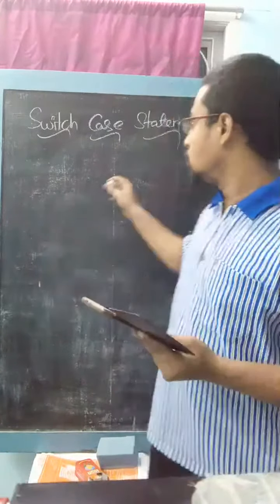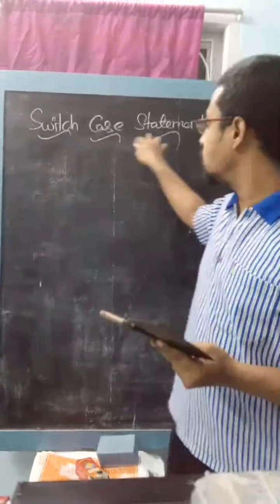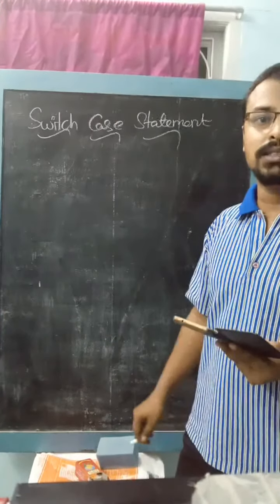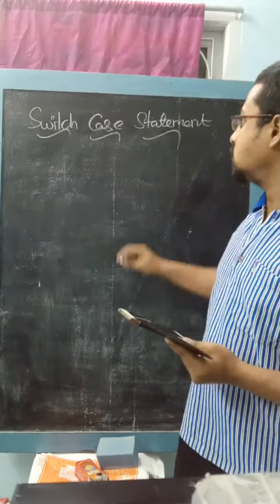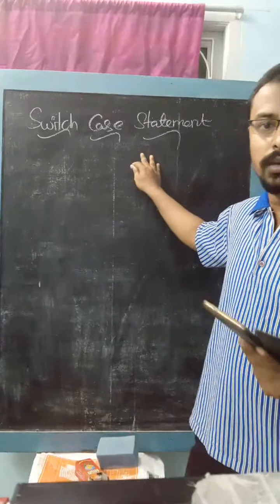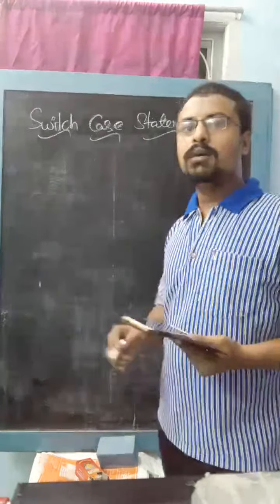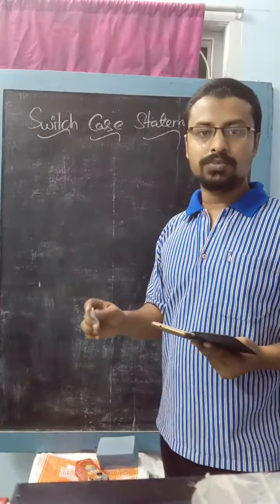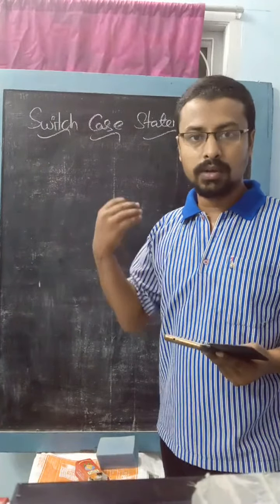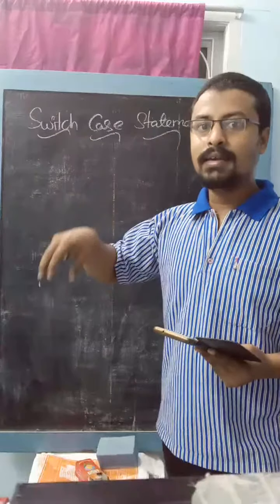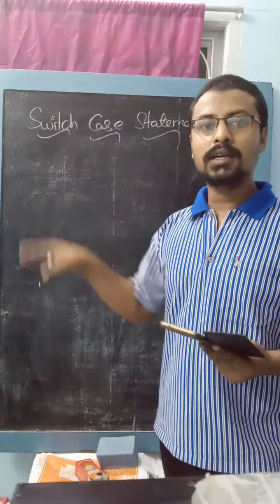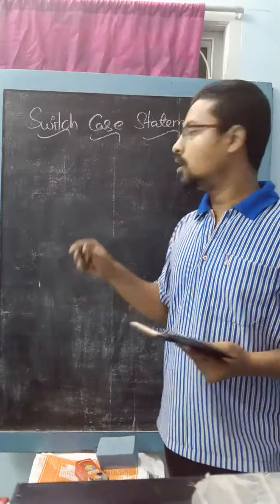Done. So I'm just starting the switch case statement. It is a multiple branching statement. As I already told you many times in today's class, it is for multiple options. Whenever we are going to apply a problem into multiple cases, we have to use the switch case statement.